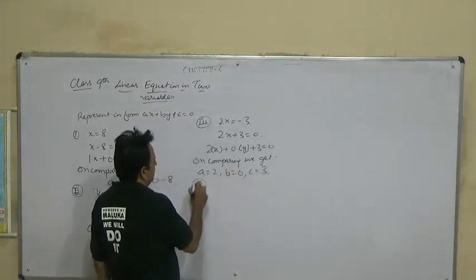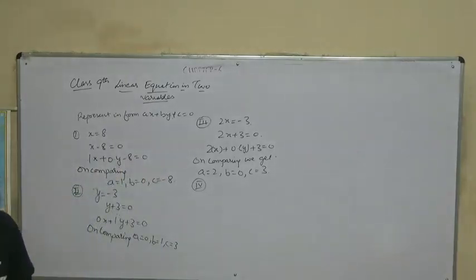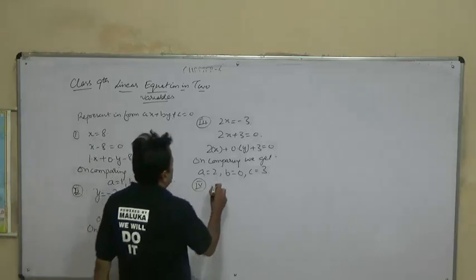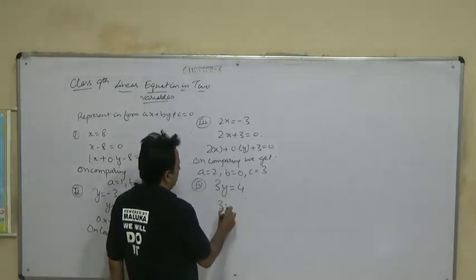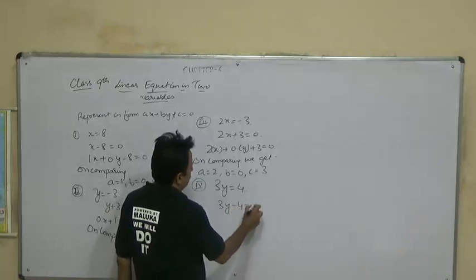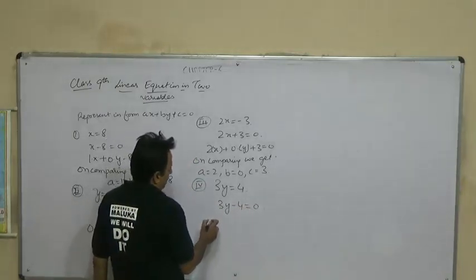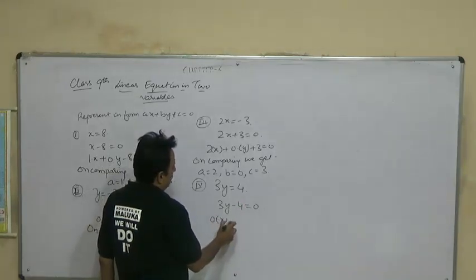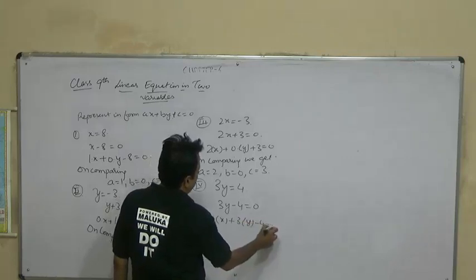Then the fourth part is 3y is equal to 4. Again this will be 3y minus 4 is equal to 0, and we can generate the x term by 0 into x plus 3 into y minus 4 is equal to 0.